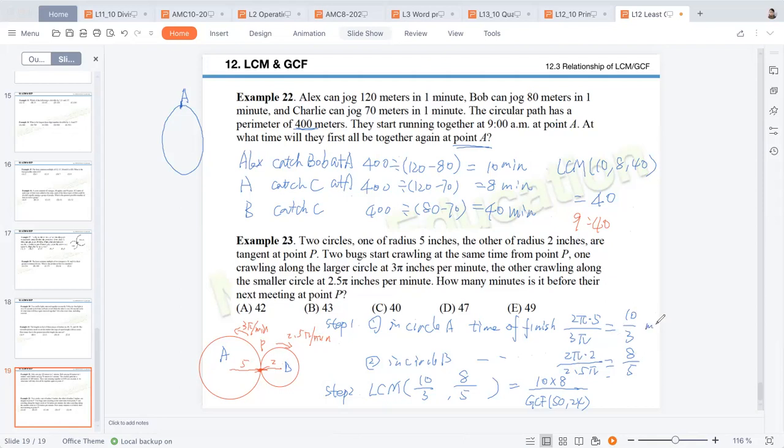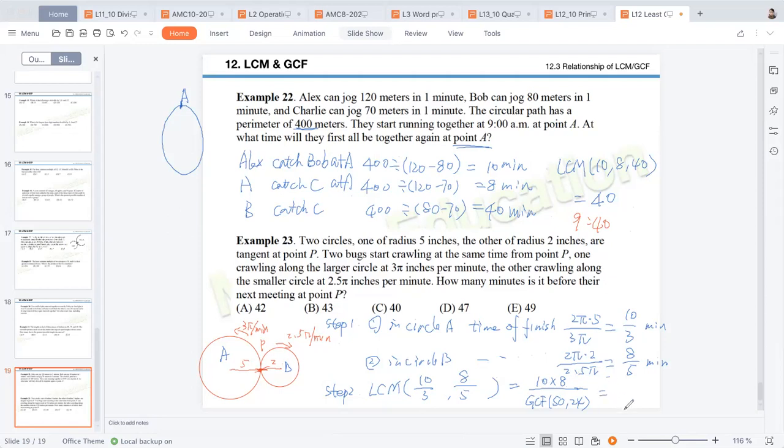Now, they meet again at point B. I must find the least common multiple of these two numbers, okay? So this should equal 10 over 3 and 8 over 5. To find the least common multiple, I multiply the numerators, 10 times 8, and find the greatest common factor of 10 times 5 and 3 times 8.